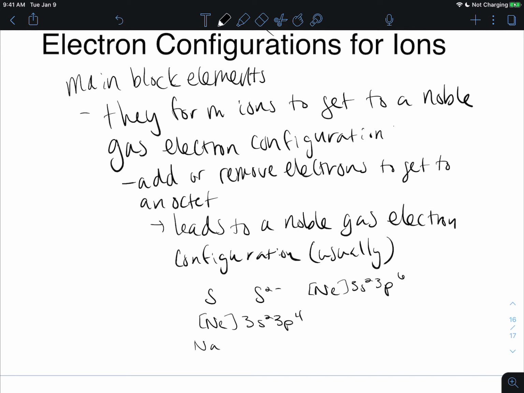Same idea, sodium versus sodium plus. Sodium is going to be Ne 3s1, and then sodium plus is just Ne. Or He 2s2 2p6.